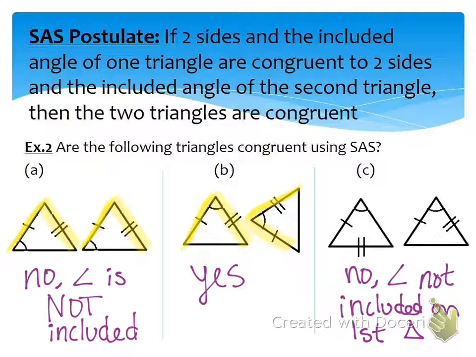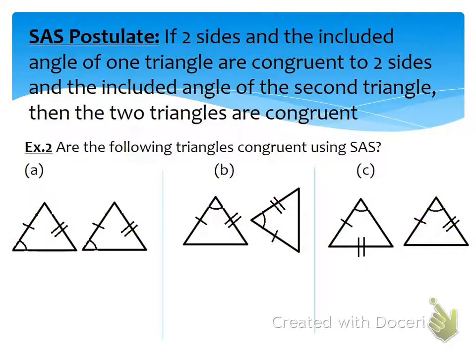On letter C, the second triangle it worked on, but on the first triangle it did not. Does that make sense? Yeah. Okay. Other questions? I know the idea of an included angle is new to us, but it's going to keep coming back. We're okay for now? All right, we'll keep moving.